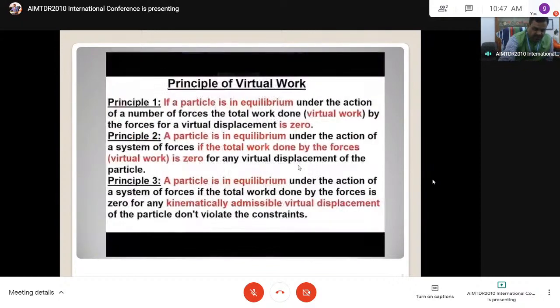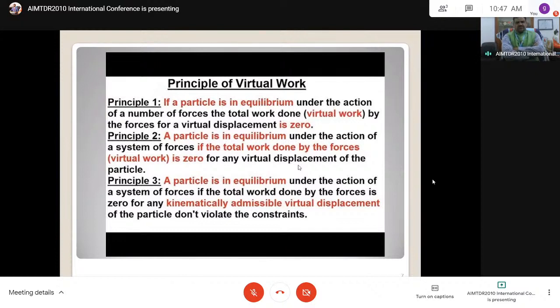This is the real force into virtual displacement. The same thing in another way, with respect to a particle, the three analogies. Here the difference is small. In the first one, if a particle is in equilibrium under the action of a number of forces, the total virtual work done by all the forces for a virtual displacement is zero.